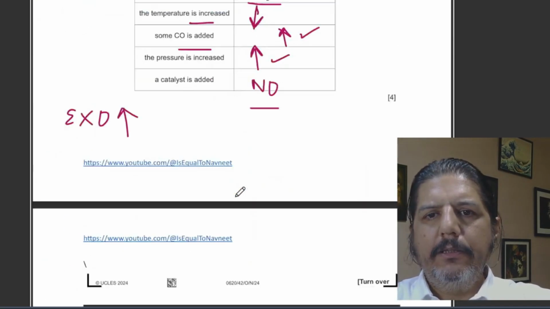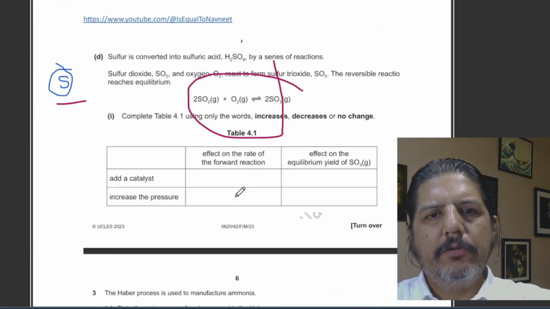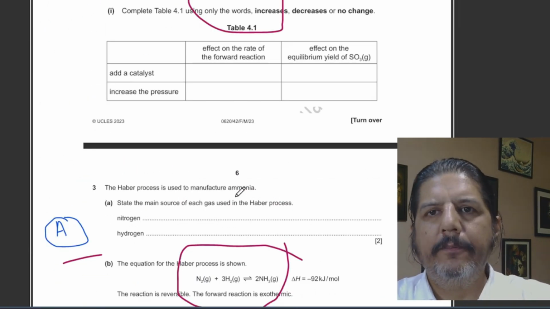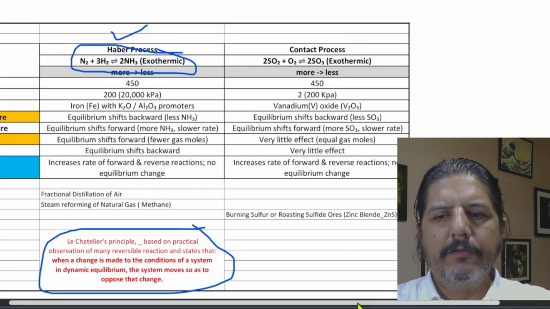In the next part, I'll be taking questions based on the manufacture of sulfur and ammonia. First we will do sulfur questions.